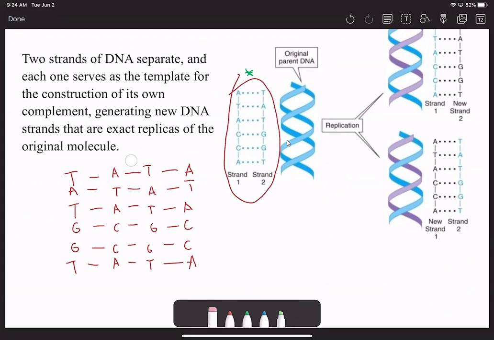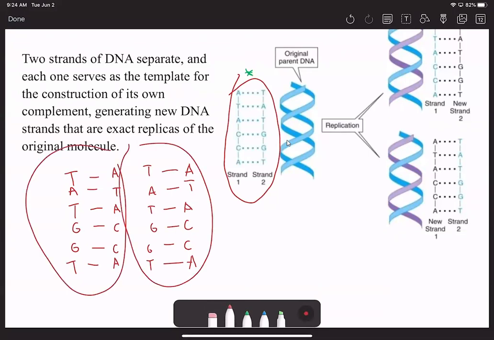We did some complementary strands, and then if we break that up, now we get two identical daughter strands there, right? Again, it's a very, very basic overview on how this occurs here.